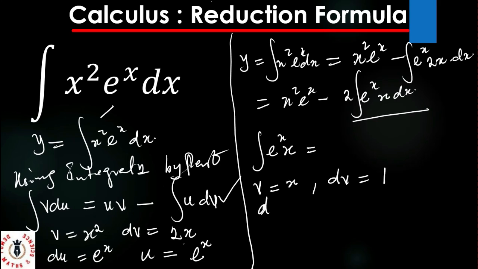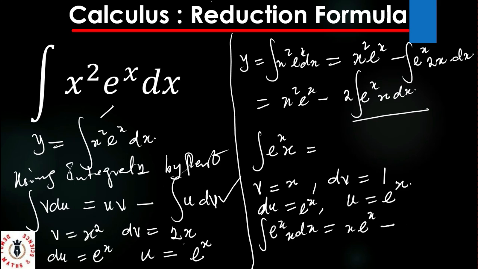And my du will be e raised to power x, and my u will be e raised to power x, so that the integral of x e raised to power x dx will be the same thing as uv, that is x e raised to power x, minus the integral of u dv, that's e raised to power x times 1 with respect to x.